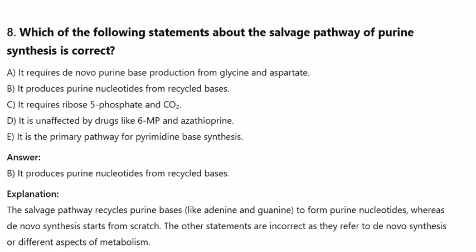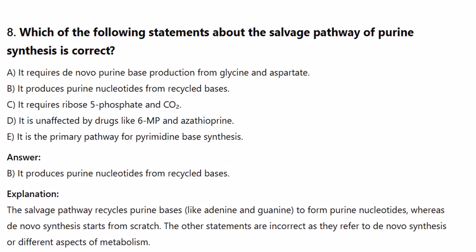8. Which of the following statements about the salvage pathway of purine synthesis is correct? A. It requires de novo purine base production from glycine and aspartate. B. It produces purine nucleotides from recycled bases. C. It requires ribose 5-phosphate and CO2. D. It is unaffected by drugs like 6-MP and azathioprine.